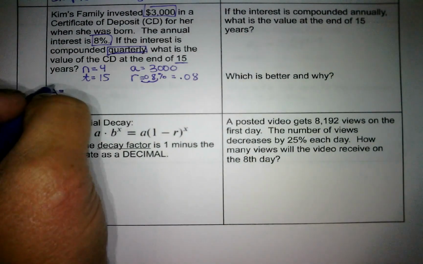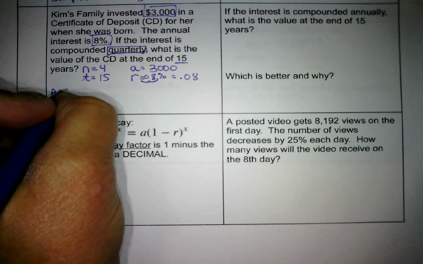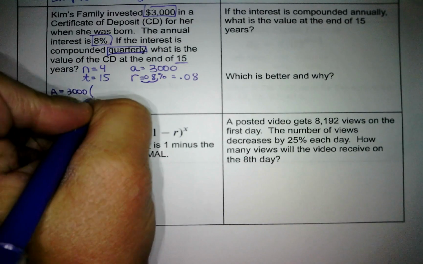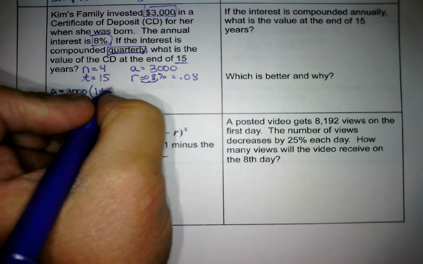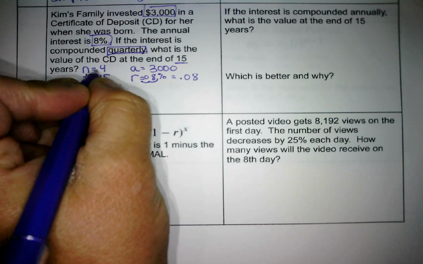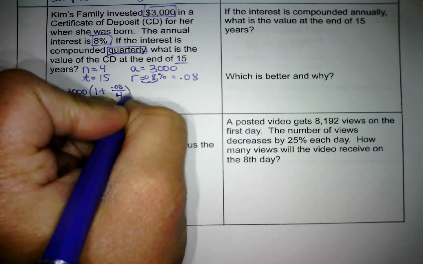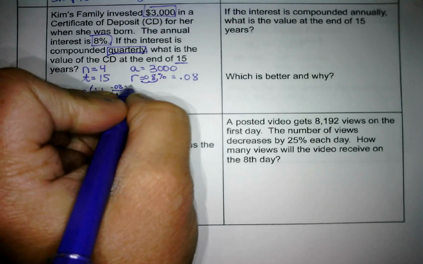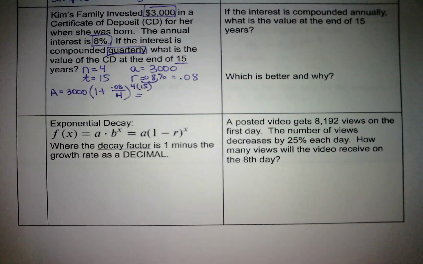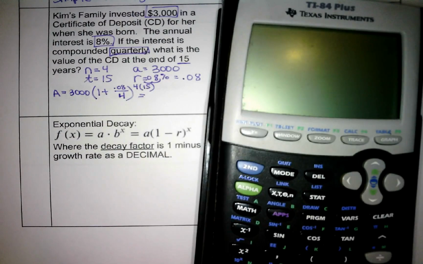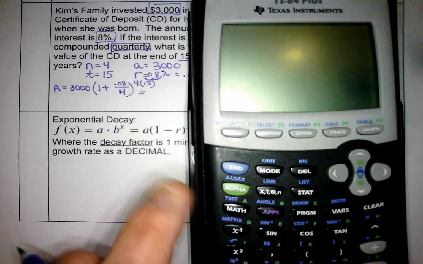So A equals my principal amount, $3,000, times 1 plus my rate, 0.08, divided by 4, the number of times, to the 4 times 15. We can do this in pieces, since most of you probably don't have these fancy calculators.